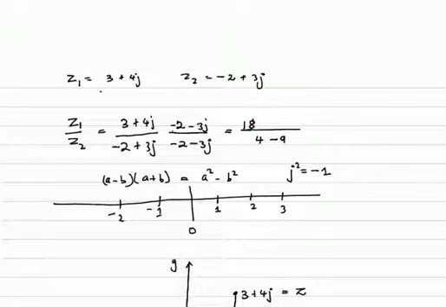Then I'm going to have 3 times minus 3 is minus 9, and then I'm going to have minus 2 times 4, which is minus 8, which is in all minus 17, but that will be minus 17j. I hope I did it correctly. You can check that calculation.